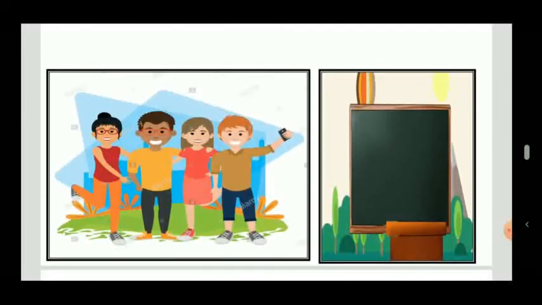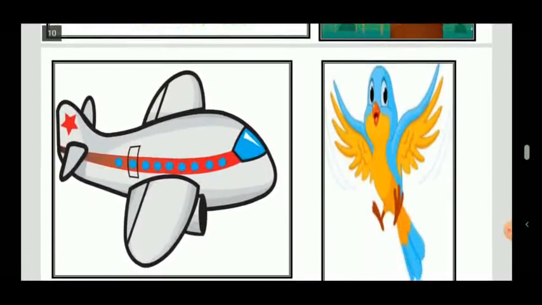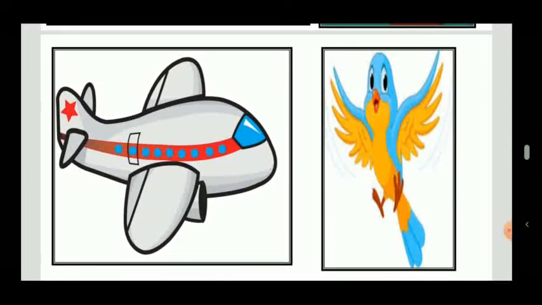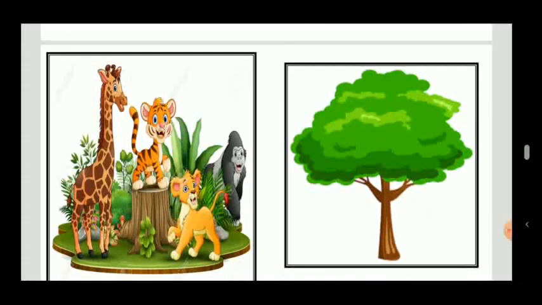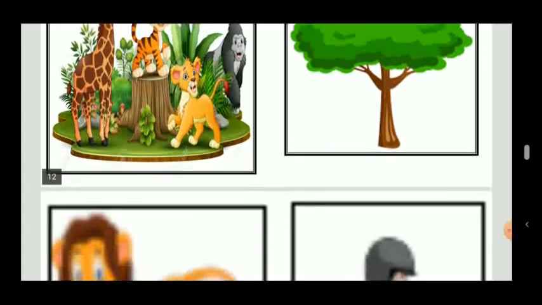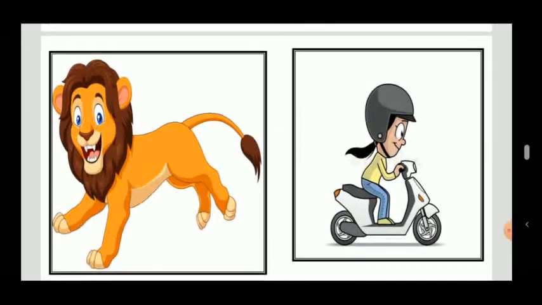People, you can see blackboard in your class, even notice board in your class, aeroplane, birds, animals, trees. These things you can see in forest, maybe in zoo. Lion, scooters, so many vehicles, bicycle.